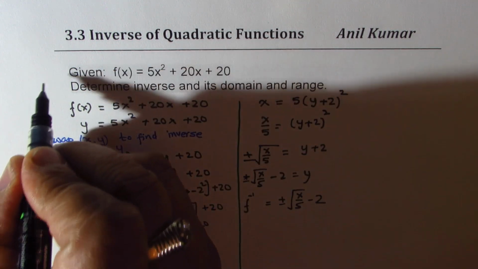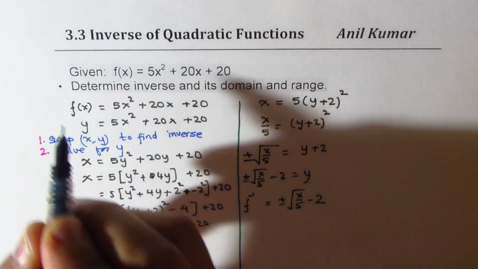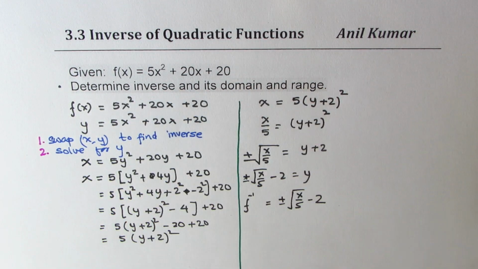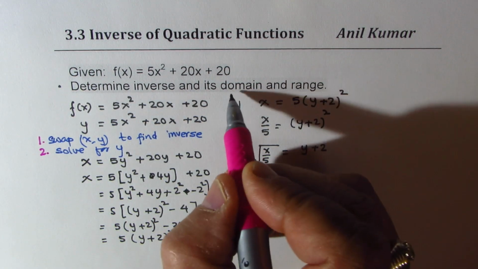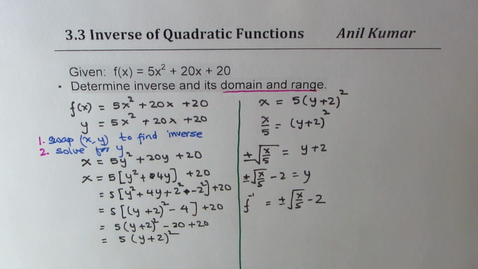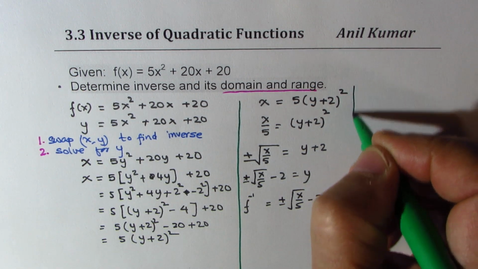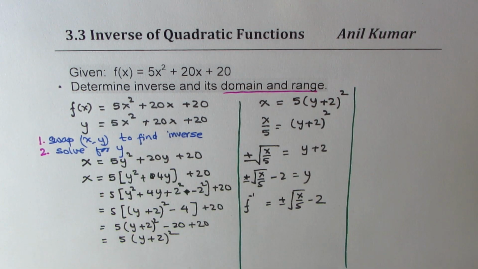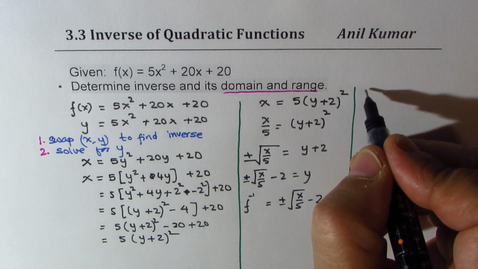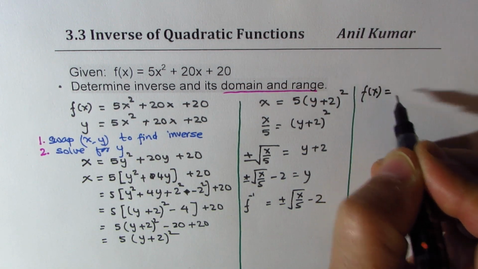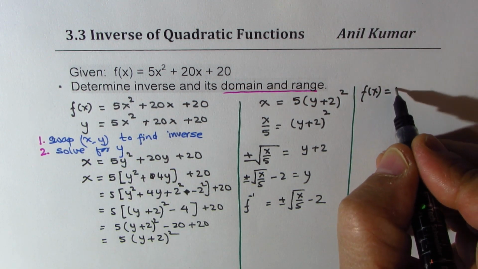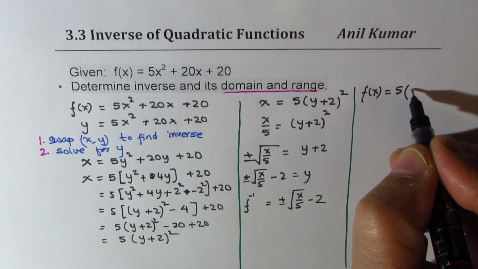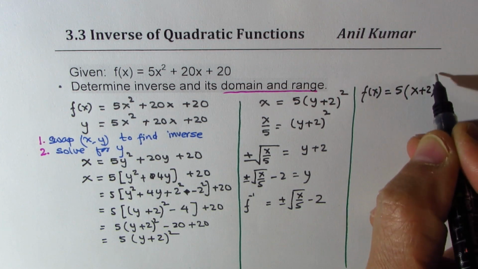Perfect. So we have done the first part, which is to determine the inverse. And now let us look into domain and range. For domain and range, let's begin with the function itself. I could write this function f of x as 5 times (x plus 2) whole square, since we completed the square.